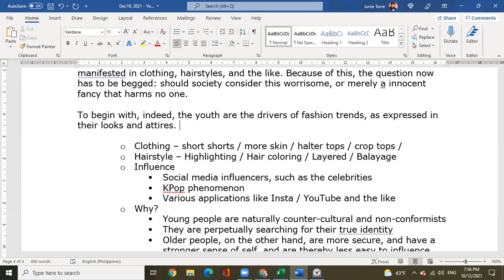There. From there, we're now going into examples. From short shorts, revealing more skin, with halter tops. Is there anything else I should mention? Crop tops.